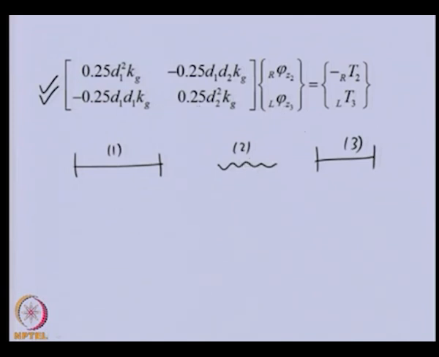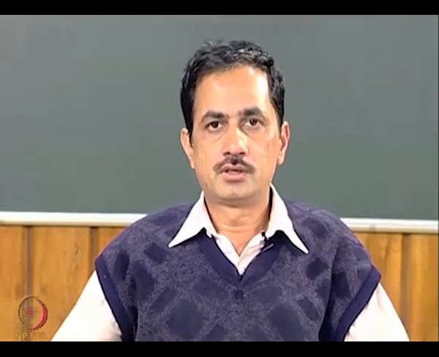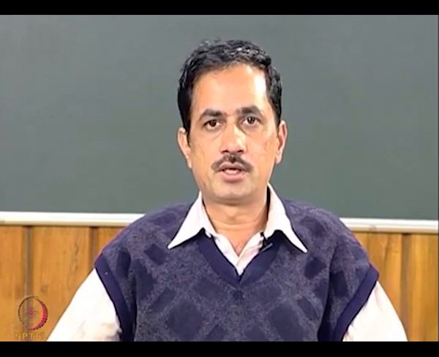Once we know this, we can apply the procedure we developed earlier to analyze this kind of system. So today we developed the gear element initially with the finite element method, and through illustration we have seen how we can analyze a simple gear pair or even a branched system using the finite element method. Then we took up another interesting case in which there is a flexibility at the gear pair contact point, and how we can analyze such a system.